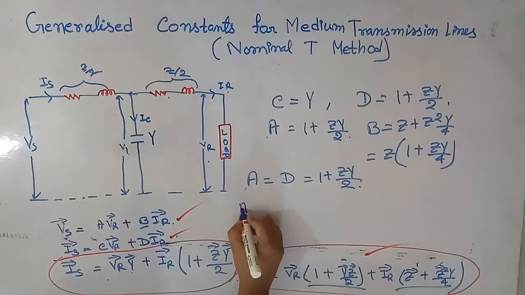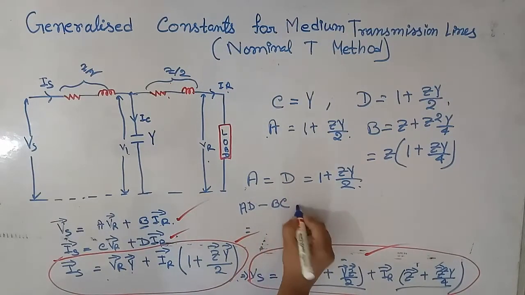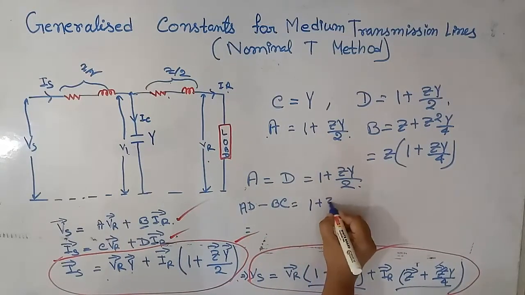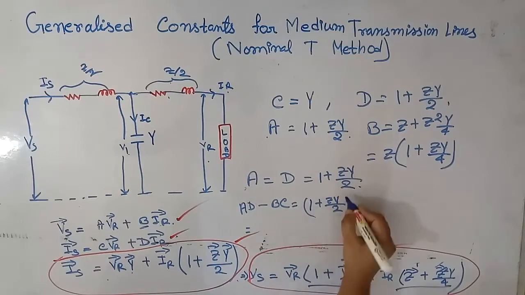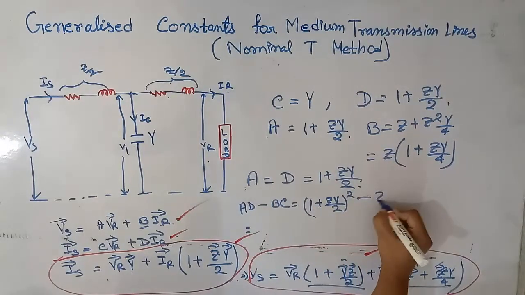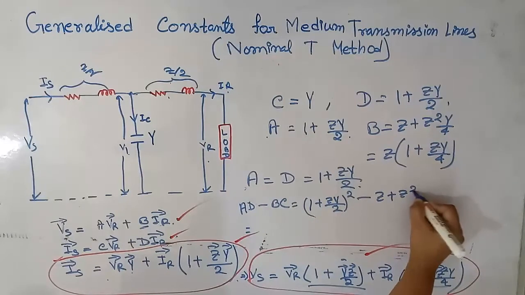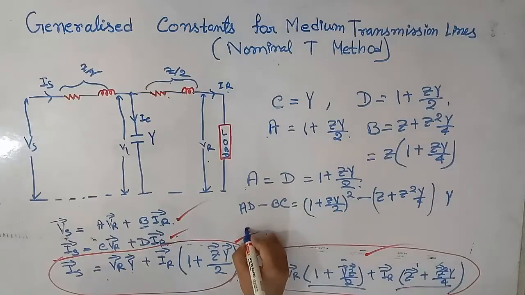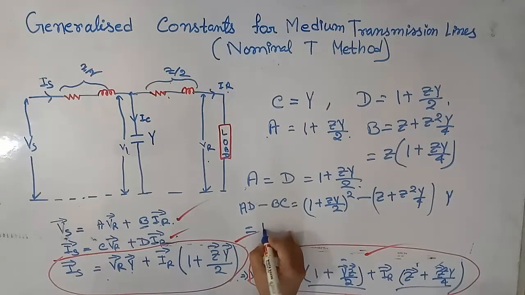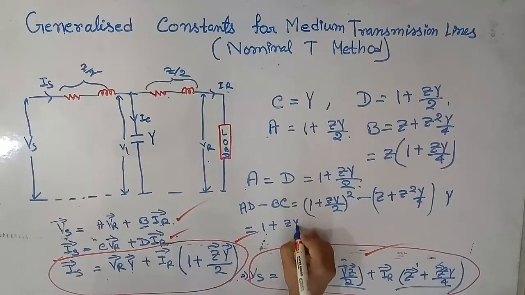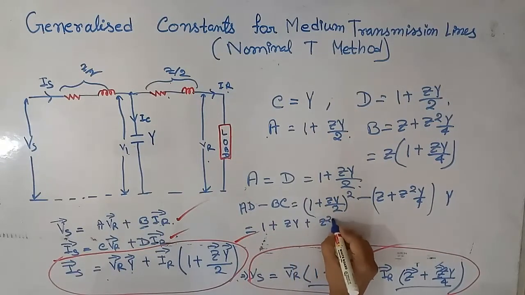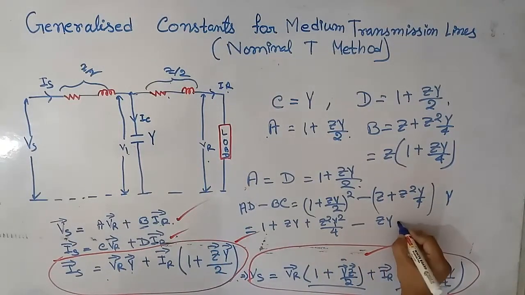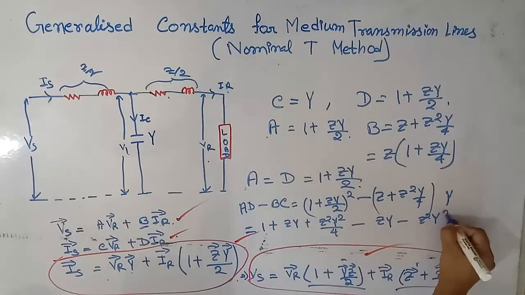And if we solve AD minus BC, then AD is 1 plus ZY by 2 whole square minus B is Z plus Z square Y by 4 and C is Y. Now on solving this, 1 plus ZY plus Z square Y square by 4 minus ZY minus Z square Y square by 4.